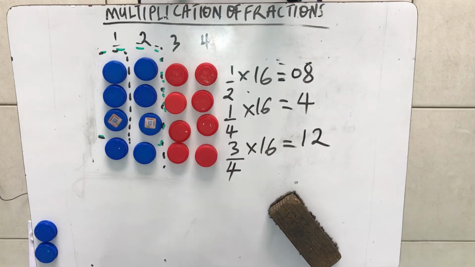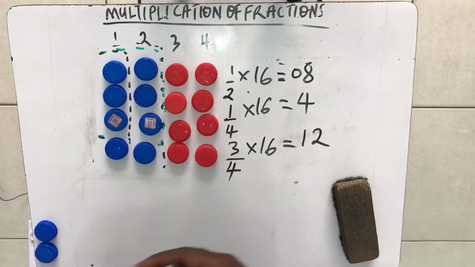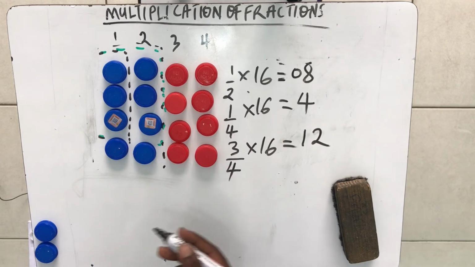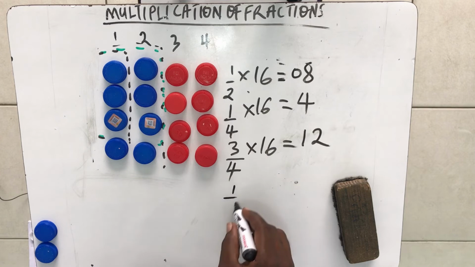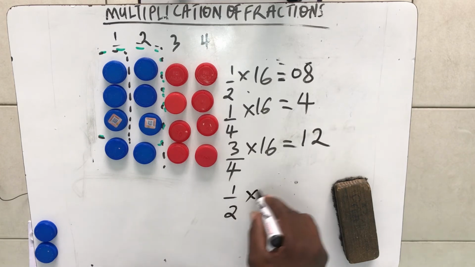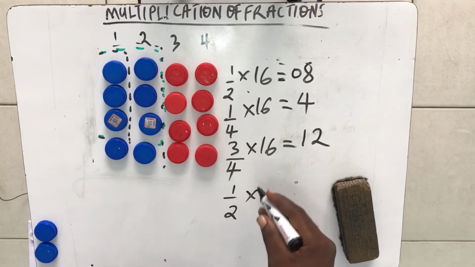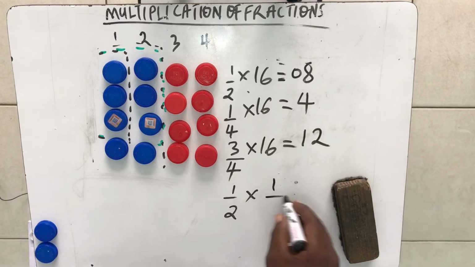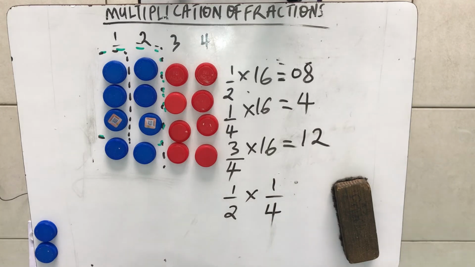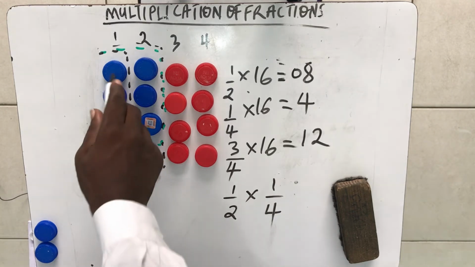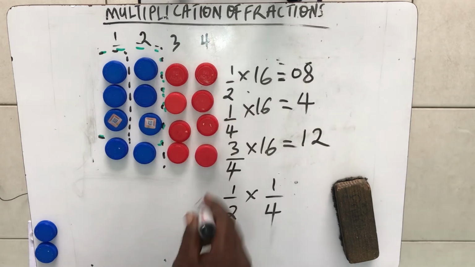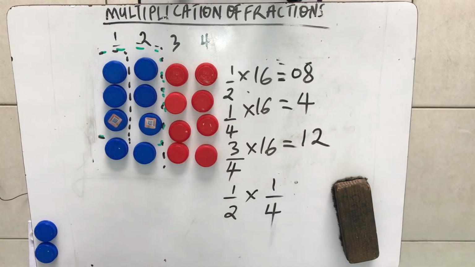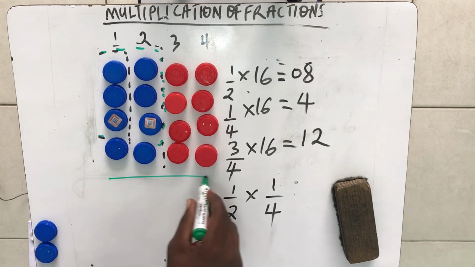Okay, having done this, if we are supposed to find half of 1/4, remember we agreed that multiplication is the same as "of". So half of 1/4. Let's just represent this graphically.